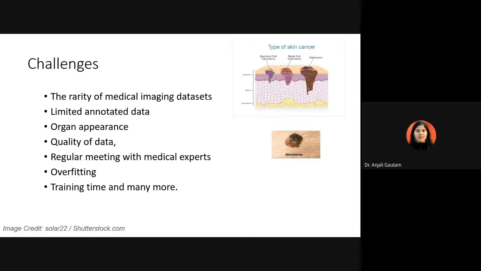When you train with less data, it will give you overfitting, it will not give you the exact results you actually want. And if you have more data, then training time will be more. On your normal machine you are not even able to perform image segmentation or classification, as it will take more time, and for that you need a GPU instead of a CPU.